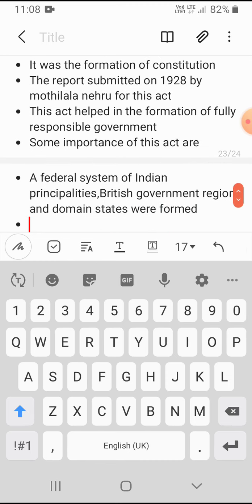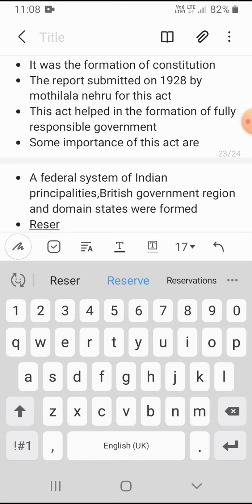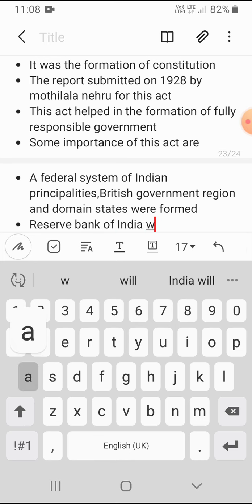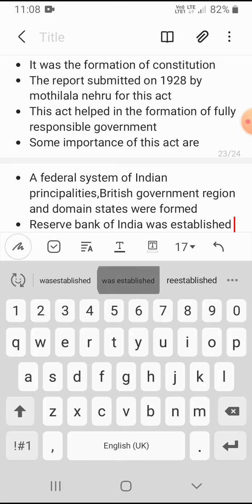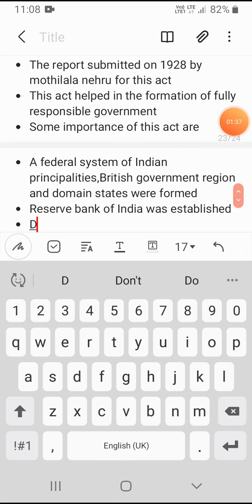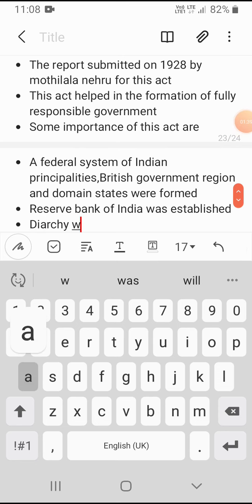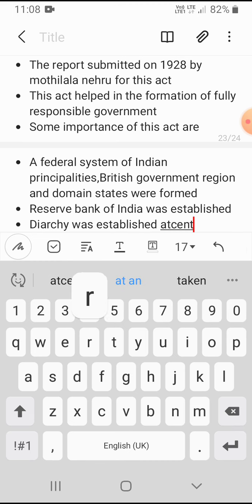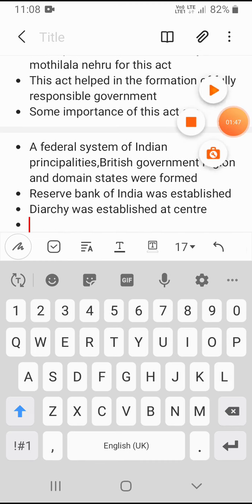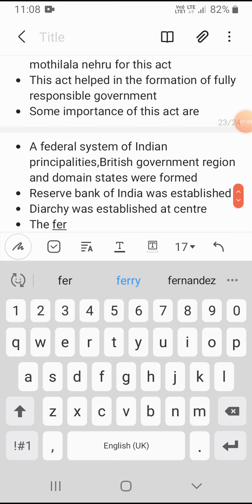The Reserve Bank of India (RBI) was established. Diarchy was established at the center, and the Federal Court was established.